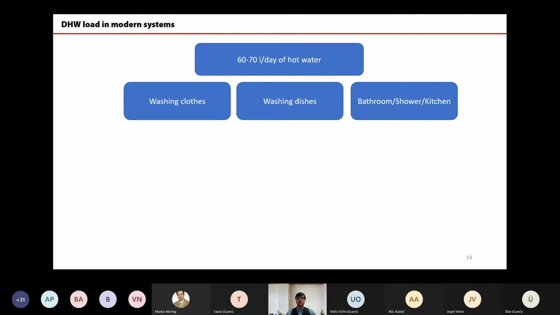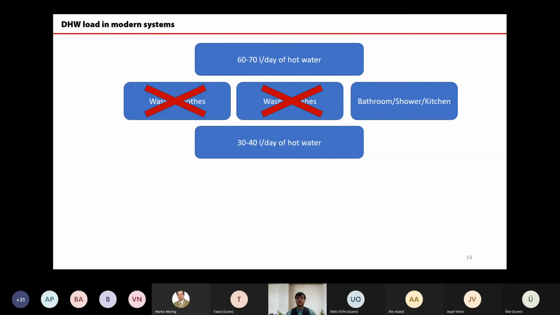The fact is that right now in modern systems, washing clothes and washing dishes is done by separate devices, your dishwasher and washing machine, which are connected to the cold water supply, not to the hot water supply. So they consume cold water, and they have their own heating elements. That means that in real systems, what we see right now, the amount of water consumed has dropped by half compared to the design conditions. So we have 30 to 40 liters per day of hot water.